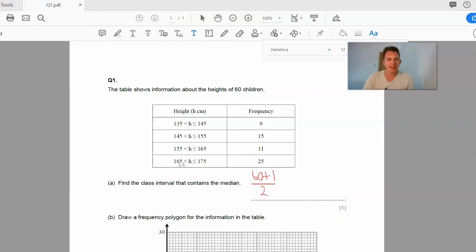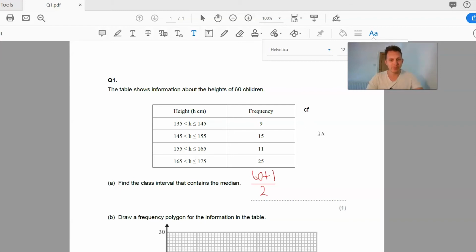As you accumulate things, you're increasing what you had before by what you've got now that's extra. So I'm just going to add a column here and call it CF for cumulative frequency. And I'm just going to start adding these numbers going down. And as I'm going down, I'm keeping an eye out for where I've crossed the line for 30 and 31.